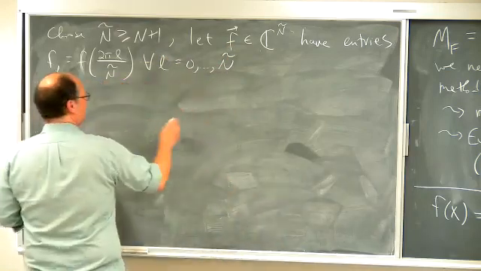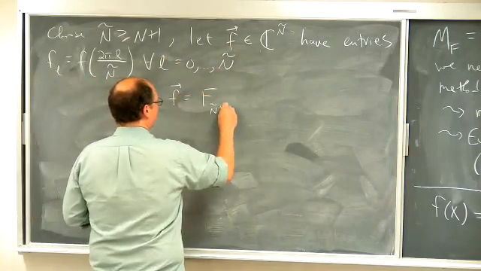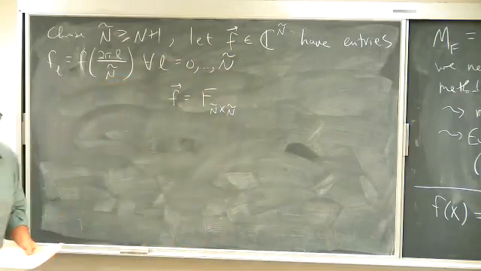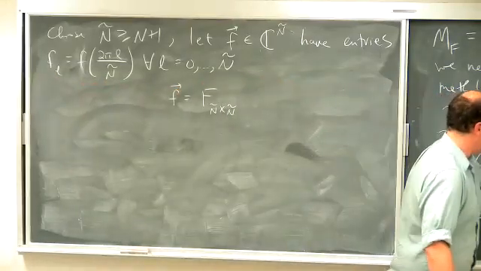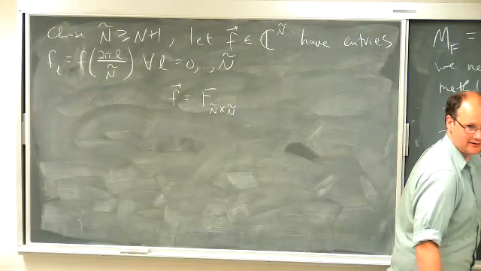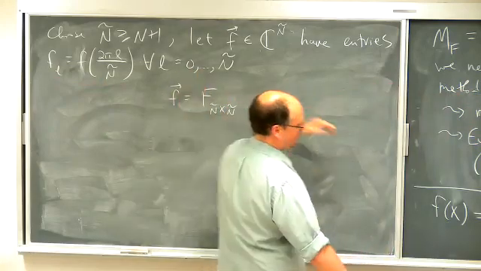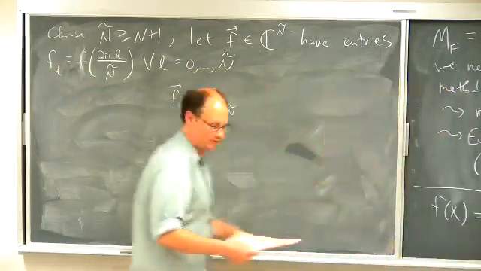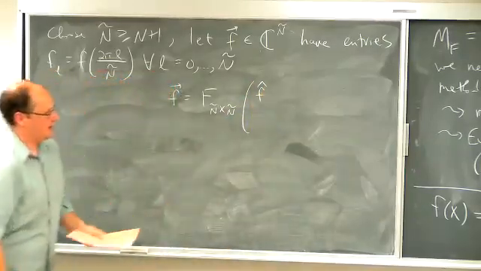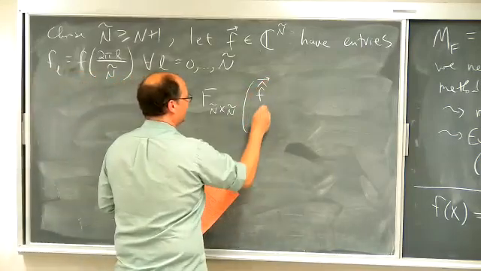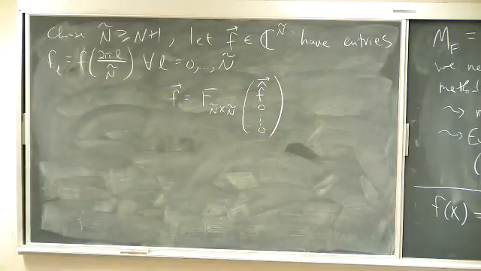And then in that case, these samples are going to be equal to an n tilde by n tilde DFT matrix that's going to have entries of e to the 2 pi i k l over n tilde, right? So without the negative sign, I'll go ahead and define it that way, times my little sparse vector packed here, and then I can put as many zeros as I need to make the dimensions balance.